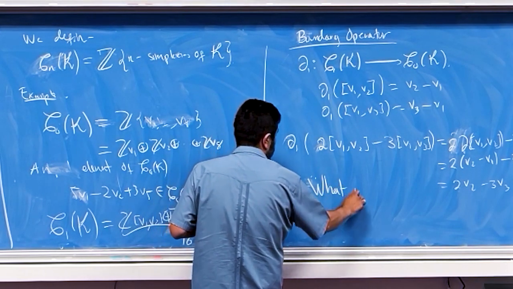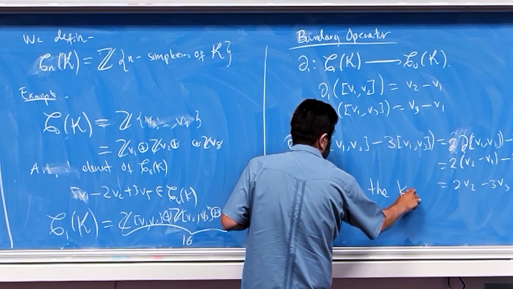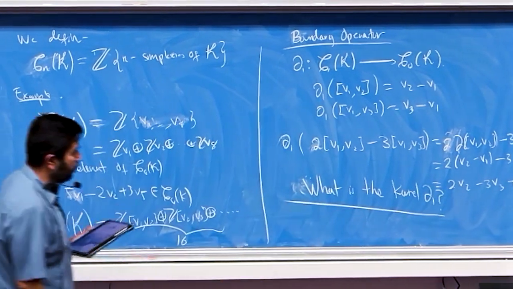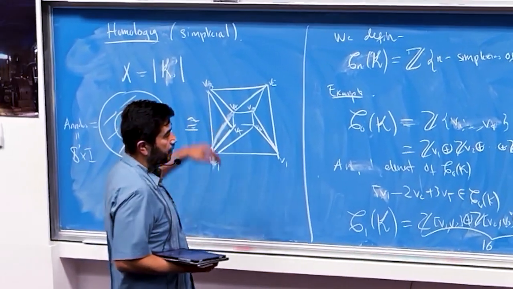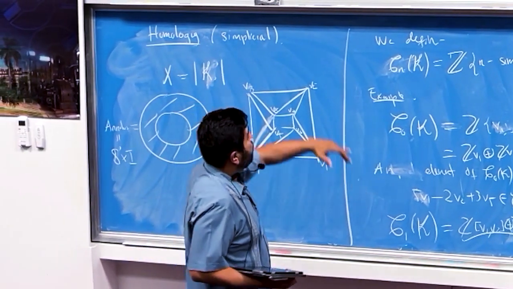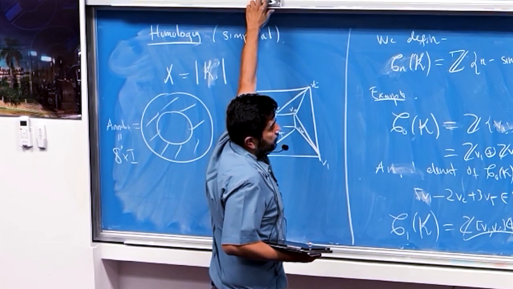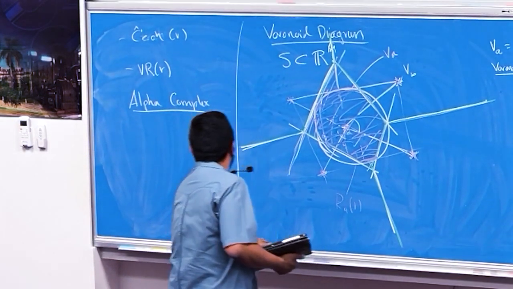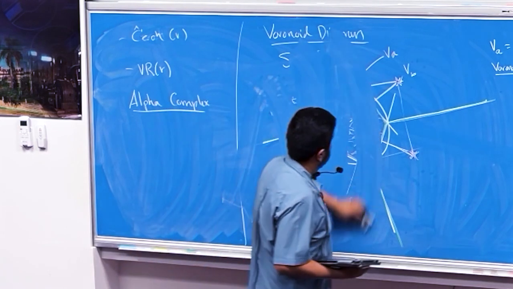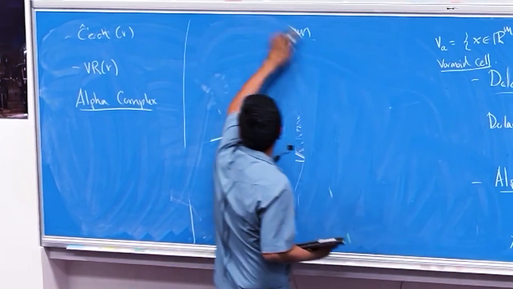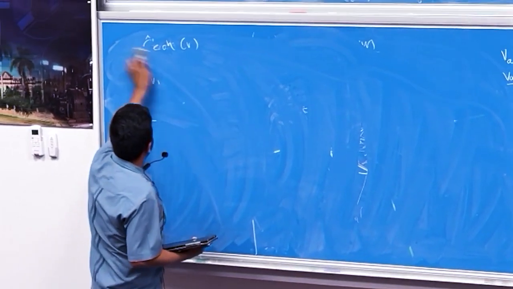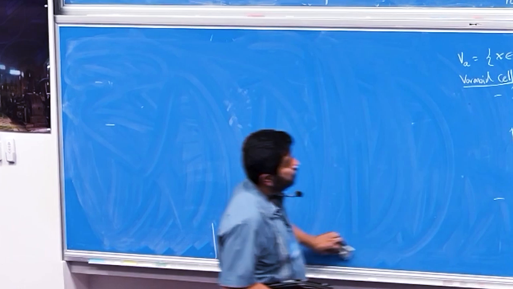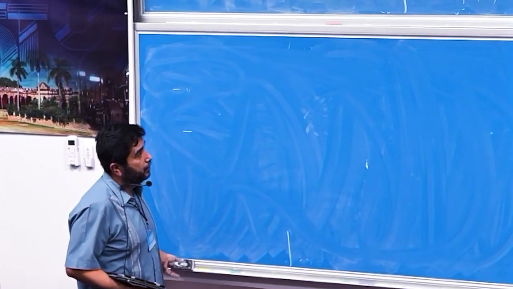So one of the things that is interesting is what is the kernel? What is the kernel of D1? What is the meaning of the kernel?